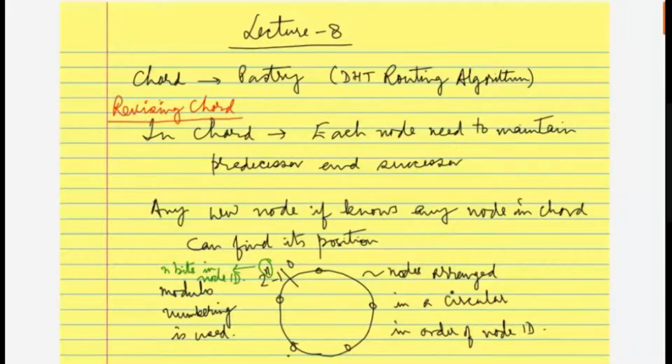You start from 0 and go all the way to 2 to the power n minus 1, if there are n bits in the node ID. We are using modulo numbering, so once the numbers finish, we go back to 0. This circular arrangement is maintained.